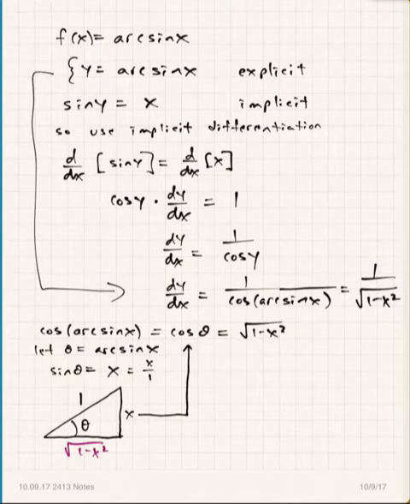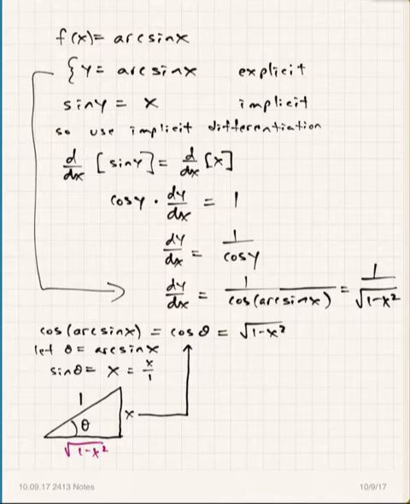So now notice this is really different from anything we've done before, in that throughout the course so far, if we've taken the derivative of an algebraic function, we got an algebraic function as the derivative. If we take the derivative of a trig function, we got a trig function as the derivative. But notice this is a case where you've got an inverse trig function, the arc sine of x, and its derivative is an algebraic function.